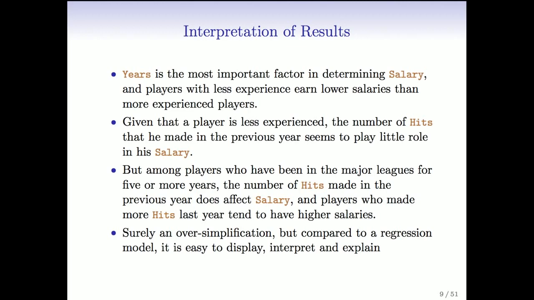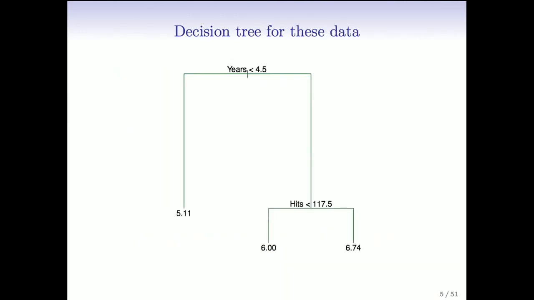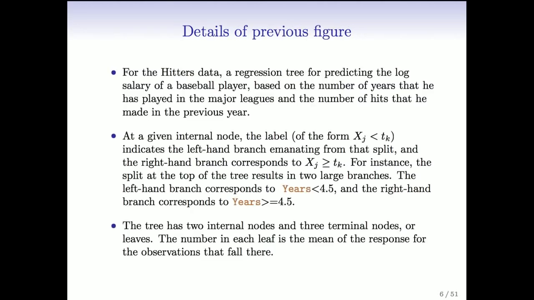So notice this is not a symmetric tree. We split once to give us the left bucket, but then on the right we split this bucket again into 2 more buckets on hits. So the number of hits seems to be important for those with more than 4.5 years experience, but not important for those with fewer than 4.5.